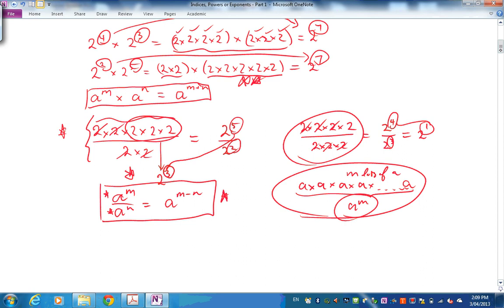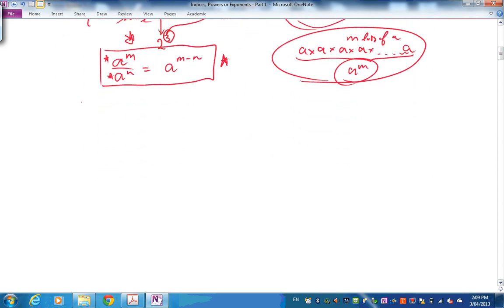Let's do another one. What about if you've got a whole lot of a's, so let's write them out now. Let's say we've got a to the 4th, and we want to, let's say, square it. What does that mean?